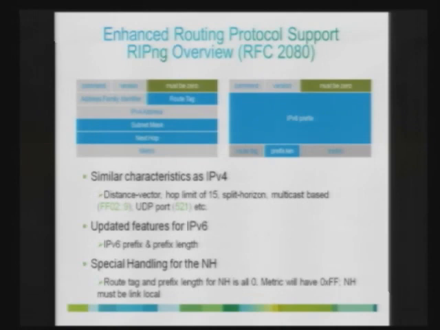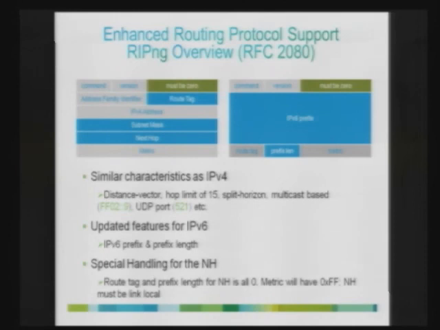So what is carried in the route table entry is the IPv6 prefix and the prefix length. And of course, like RIP version 2 for IPv4, we have a route tag which we can carry to identify the routes. But if you are not using the route tag, the field will be just 0, and the metric is similar to RIP version 2, which is hop count.